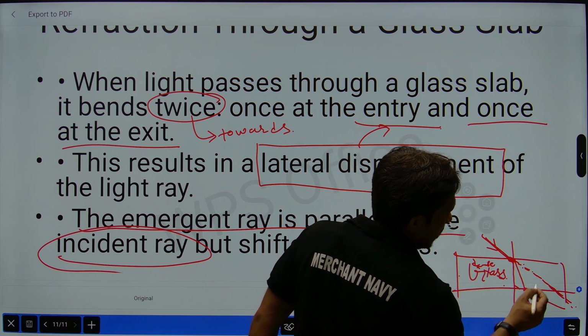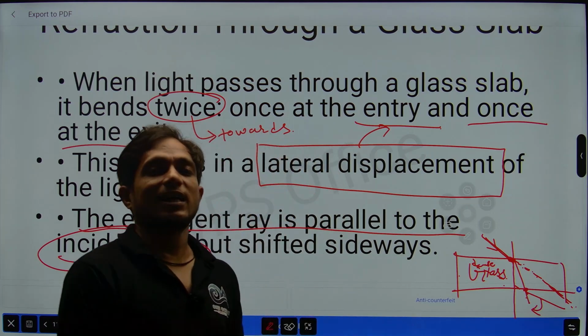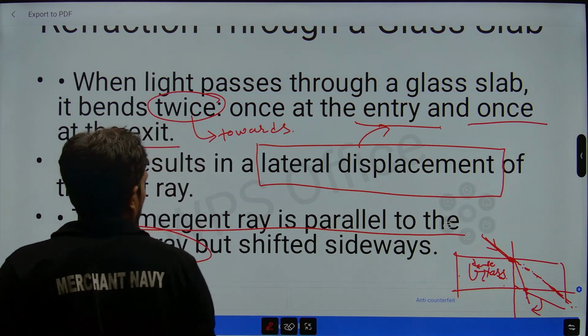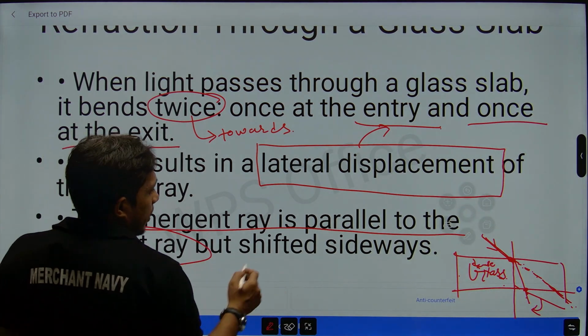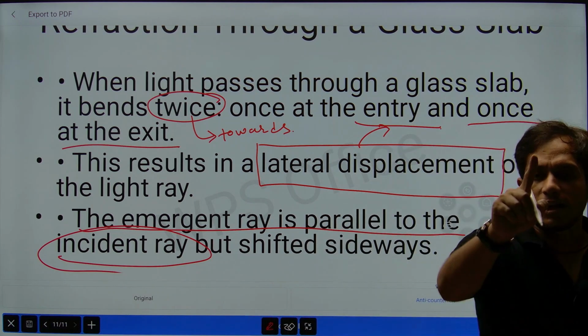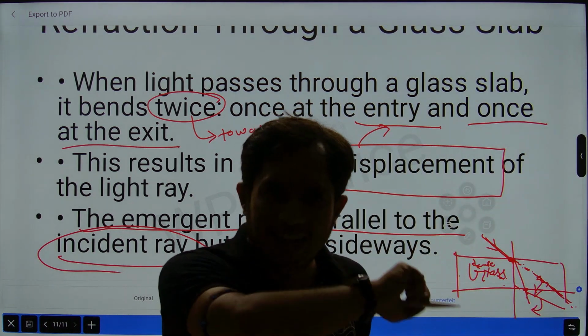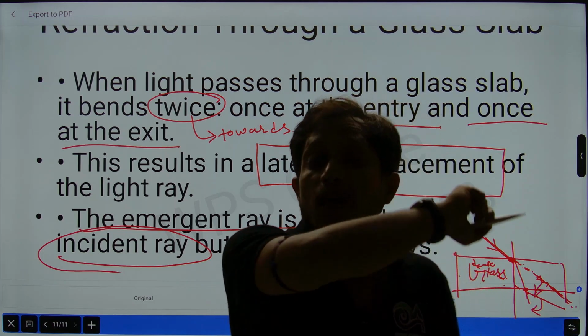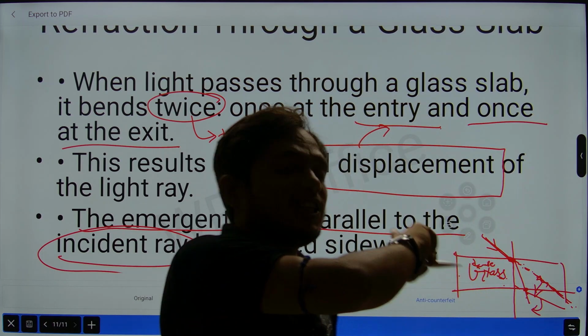The emergent ray and the incident ray always remain parallel. The distance between the incident ray and the emergent ray is known as displacement. What type of displacement? Lateral displacement.